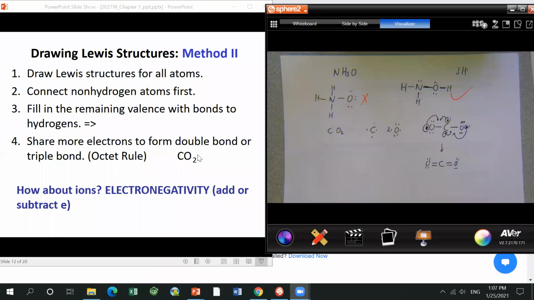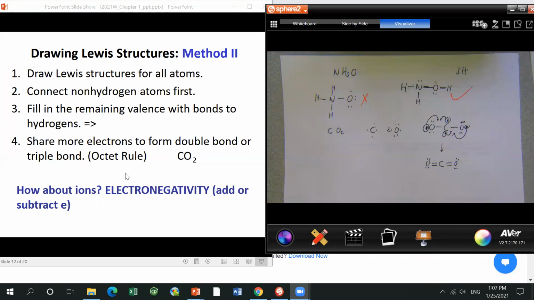So how about ions? Can we use the method to draw the Lewis structure of an ion? The answer is yes. For an ion, a cation loses electrons and an anion gains electrons. Which atom gets electrons and which atom loses electrons depends on the electronegativities.